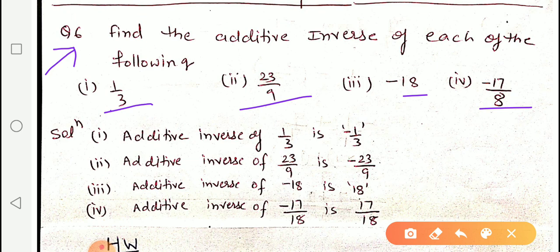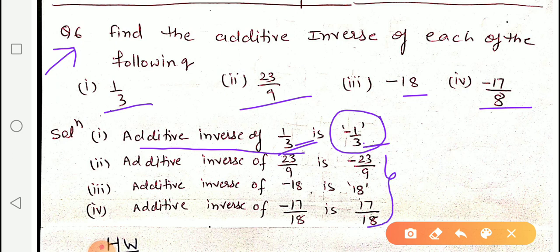For example, the additive inverse of 1 upon 3 is -1 upon 3. That is opposite. This number is opposite of this number. Similarly, we have done the part 2nd, 3rd and 4th. Now in this way we have learned about the addition, subtraction and additive inverse of rational numbers.